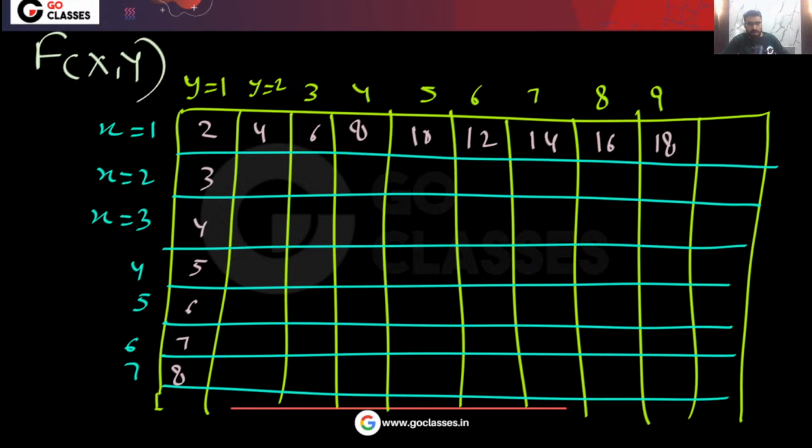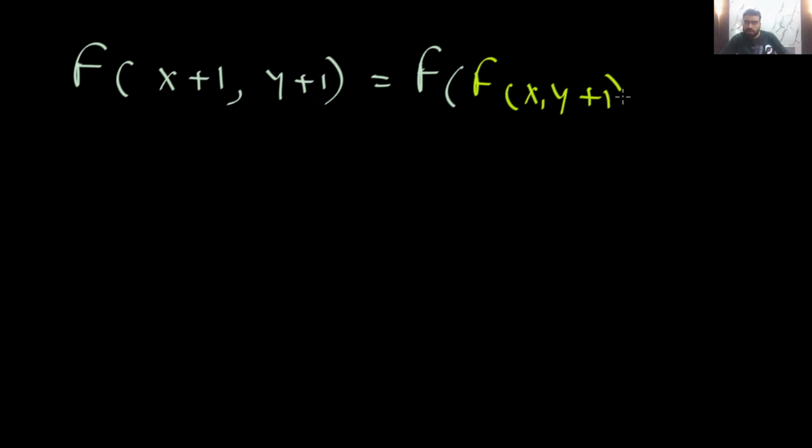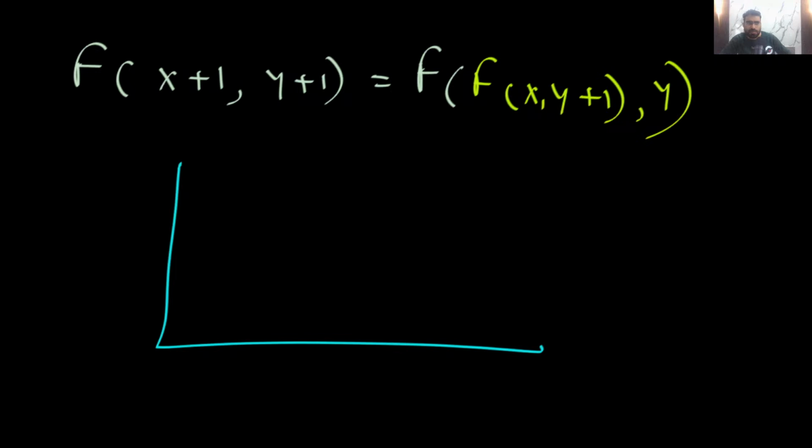Now you understand what this means. The question is saying that f(x plus 1, y plus 1) is equal to f(f(x, y plus 1), y). Now you understand this. For example, this is your table.